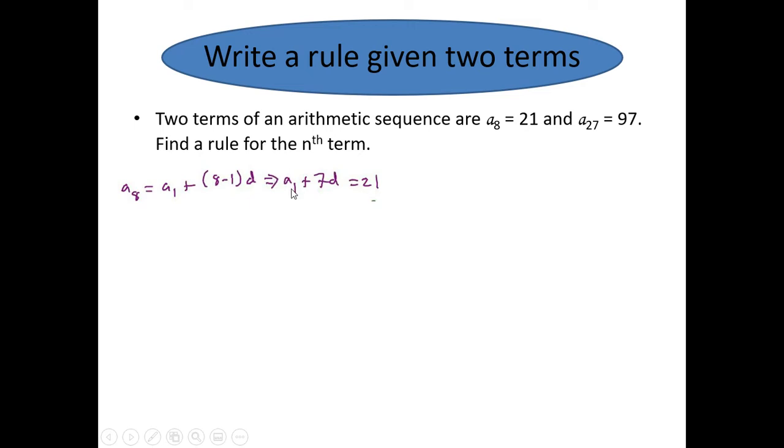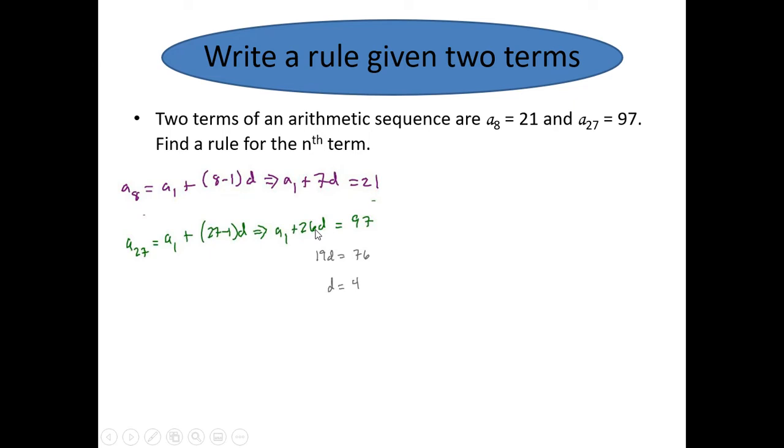I still don't know what a sub 1 is, and I don't know what d is, but I can repeat the process with my a sub 27. A sub 27 is a sub 1 plus 27 minus 1 times d, which equals a sub 1 plus 26d, is equal to 97. Now what I can do is subtract the first equation from the second equation.